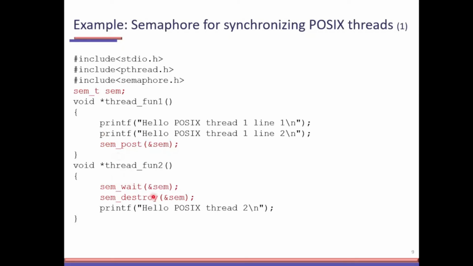Without this semaphore, we may get output like hello POSIX thread 1 line 1, then a chance may be given to hello POSIX thread 2, and then a chance to this line. However, due to the use of the semaphore, things are synchronized, so first these two lines will be displayed and then this, because here we are waiting for the availability of the semaphore, which will be made available only after execution of these two lines.